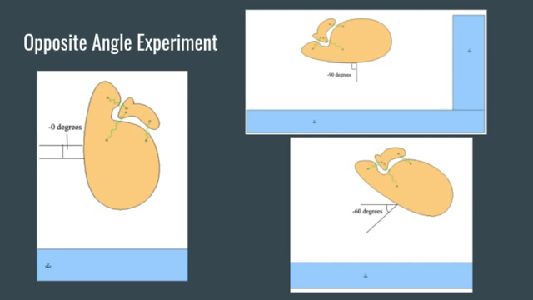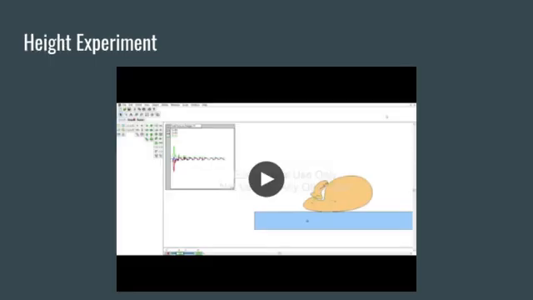The dependent variable was the total force on the scaphoid in newtons, and controlled variables were the height of the model and the angle of the blocks. The opposite angle experiments involved rotating the model clockwise. On the screen you can see how the opposite angle experiments at negative 0 degrees, negative 60 degrees, and negative 90 degrees were designed.